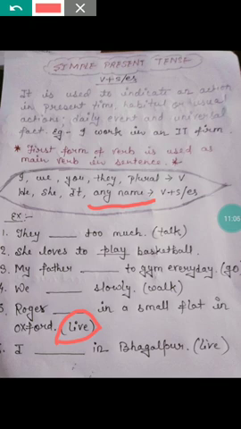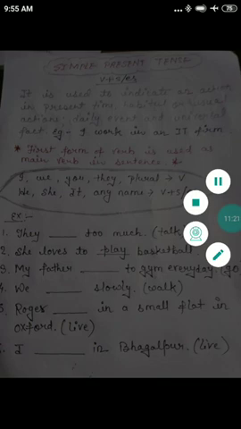So live, e is there, so we will add only s. Okay, Rosa lives in a small flat in Oxford, right? Understood? It's very easy, so you can do it. Try to do these exercises in your copy also, and try to write some sentences that you use to practice in daily life, and those sentences should be in simple present tense only.